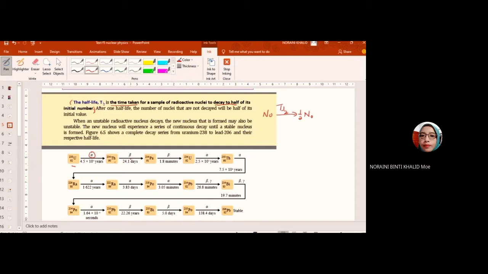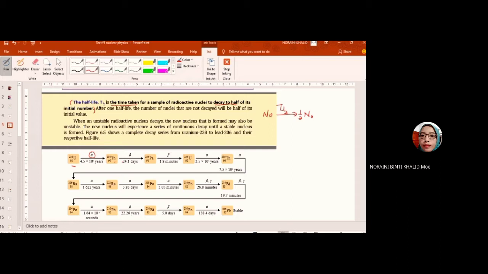It releases beta to become protactinium-234 with 91. So you can look at the change in nucleon number and proton number in order to know what type of decay takes place, either alpha, beta, or gamma.